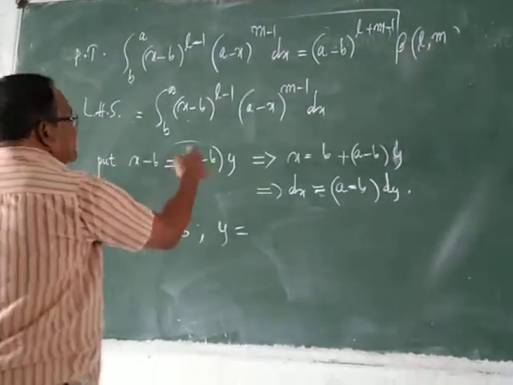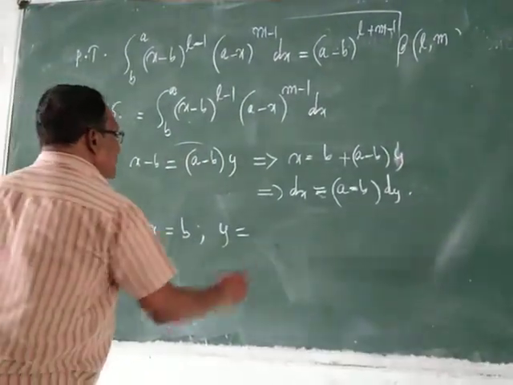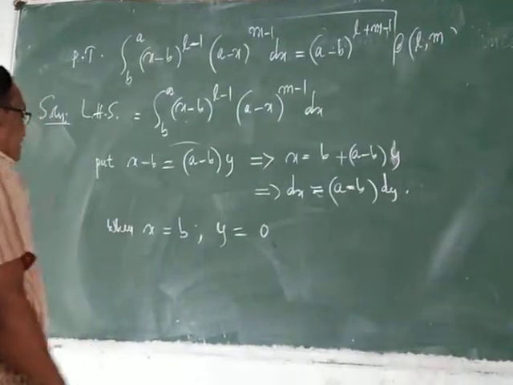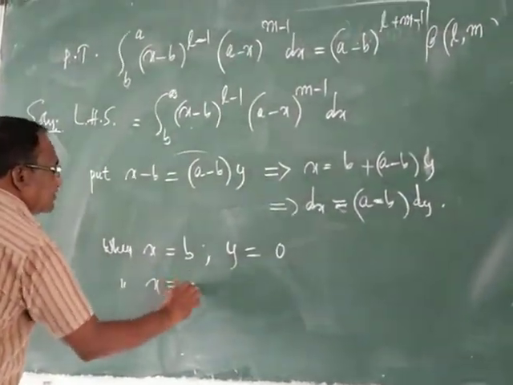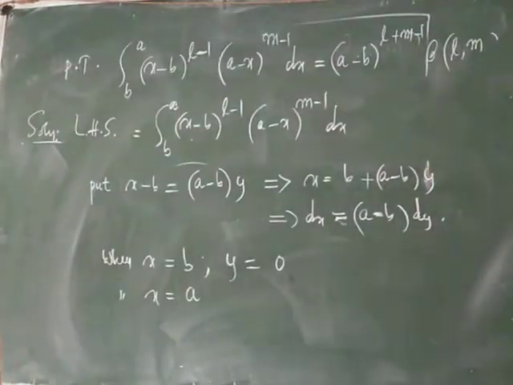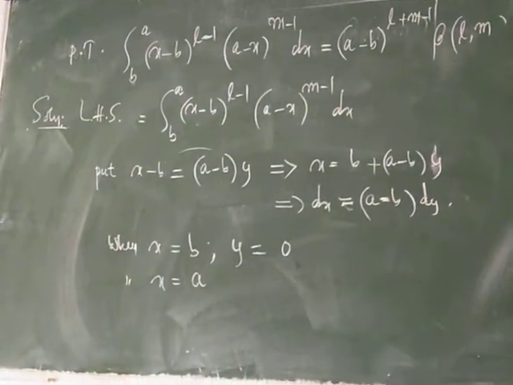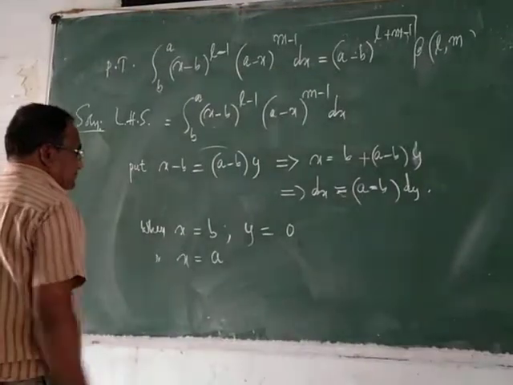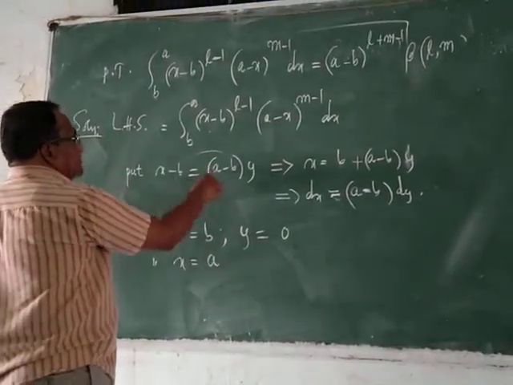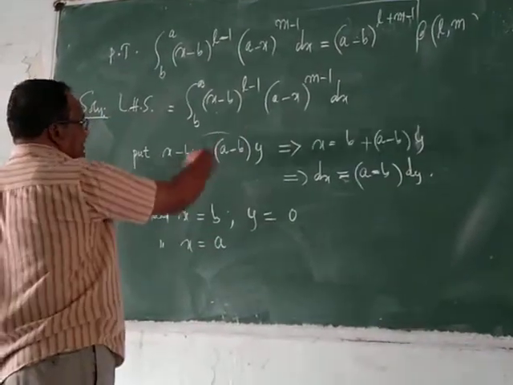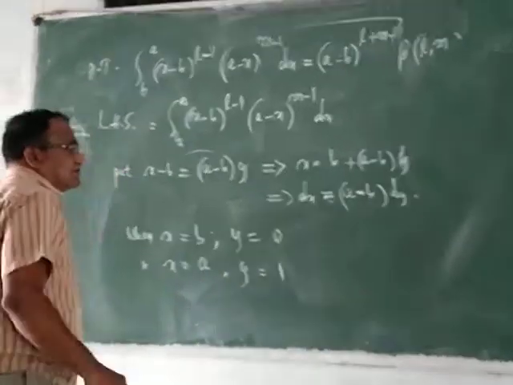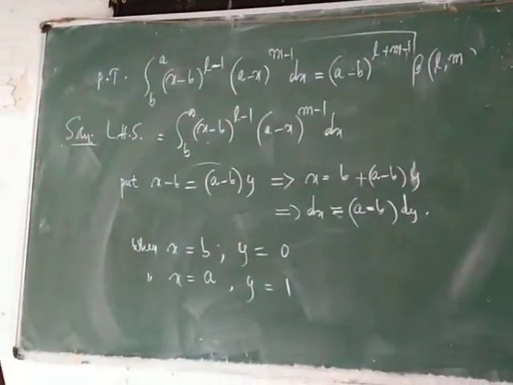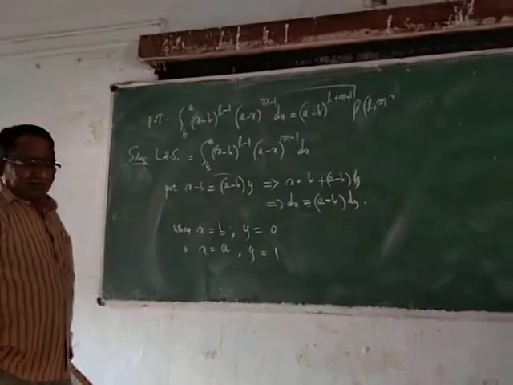But here a minus b is a constant, it cannot be equal to 0, therefore y is equal to 0. Next, when x is equal to a, the upper limit, a minus b is equal to (a minus b) into y. This a minus b cancels. What is your y? y is equal to 1.